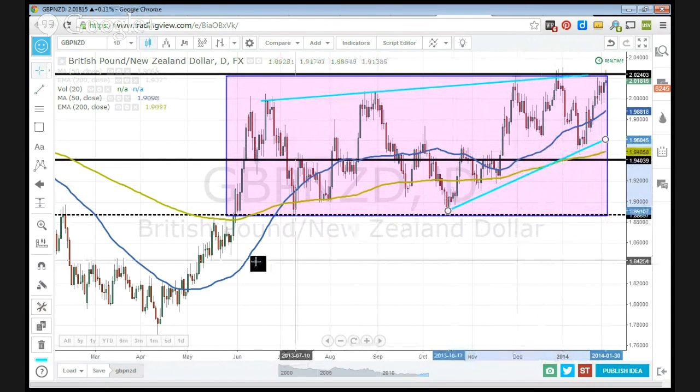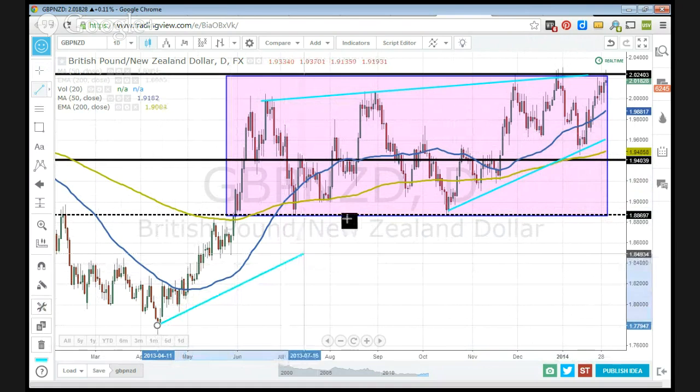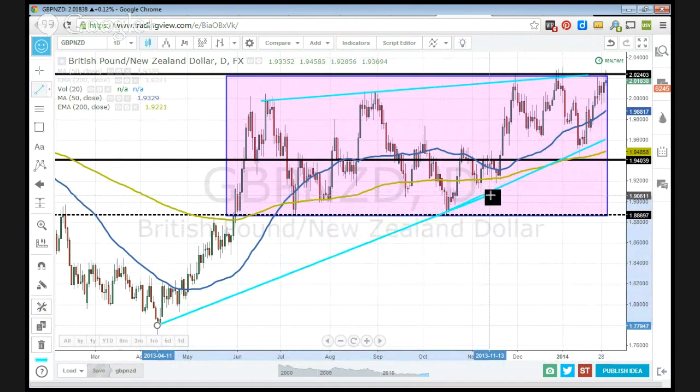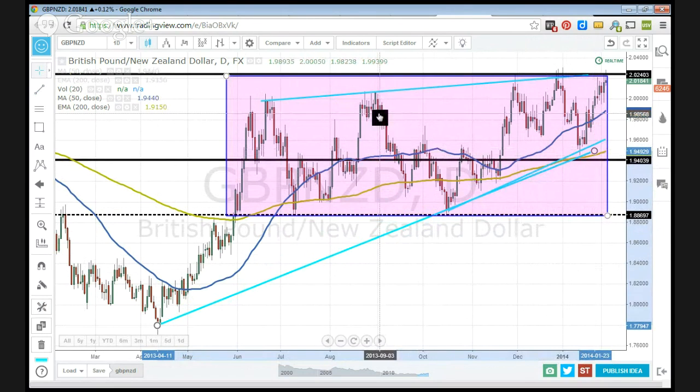And let's see if there's actually a way to go from here. Okay, so basically you have this rising wedge of sorts. We are now at the top of that wedge. Price is above the moving average.